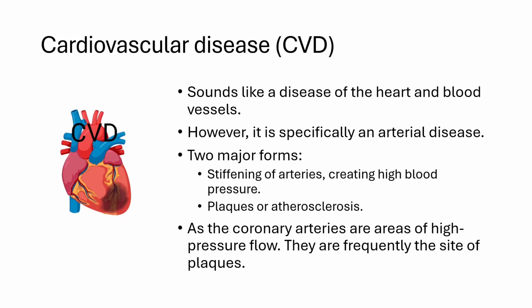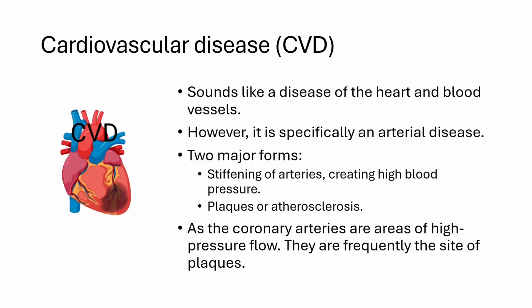Let's move on to cardiovascular disease, probably the main cause of death outside of cancer, in some places including cancer, or at some points in time including cancer. It was or is the largest cause of death. So obviously cardiovascular disease sounds like a disease of the heart and blood vessels. This is not actually true. It is much more specifically an arterial disease, and it has two major forms.